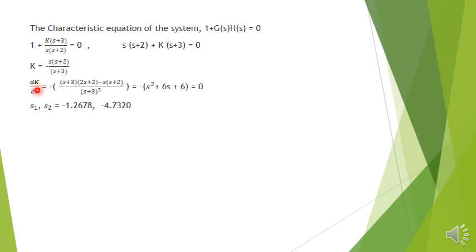So dk/ds, it is the u by v rule. Numerator is a polynomial of s, denominator is also a polynomial of s.